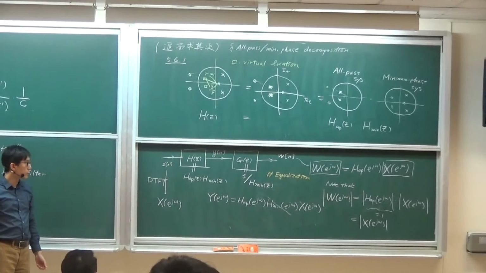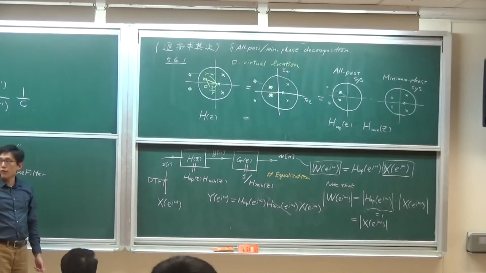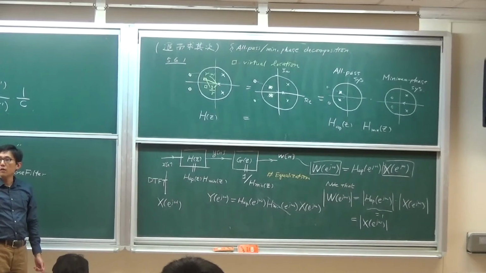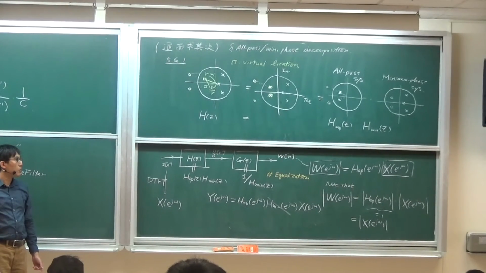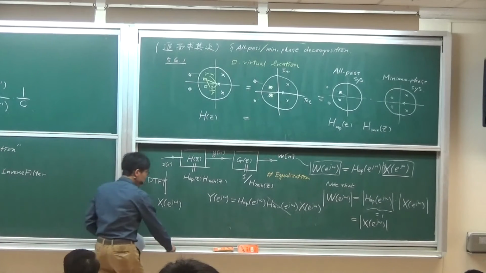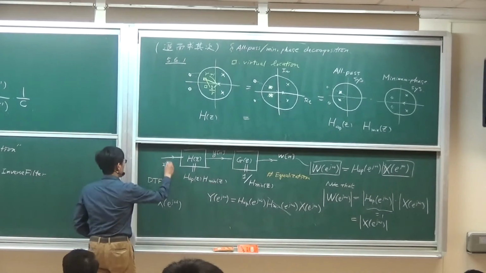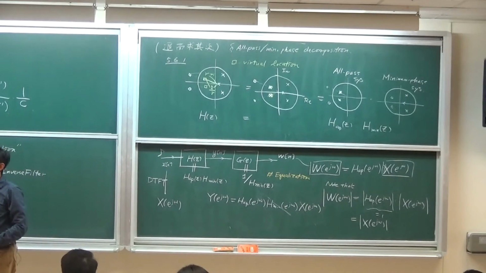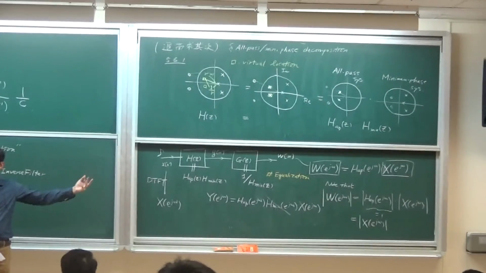And why would that be a useful thing? Thinking of an audio application, what would be an example? Let's say x of n is some source of music. You either purchase a CD, or you listen to some kind of music online.